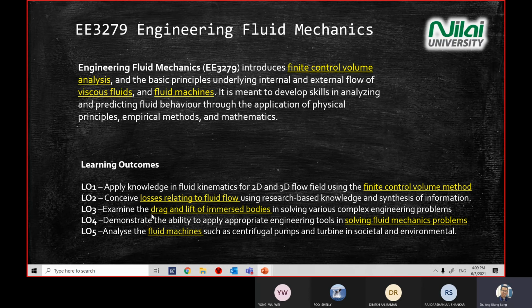The third one, we look at lift and drag forces on a body. The next one, we will use some tools to simulate some of the problems, so I will introduce you to a very fundamental ANSYS software. I give you some assignments, then you use ANSYS to solve the questions. The last one is the fluid machine, where we look at pumps and turbines in your last chapter.